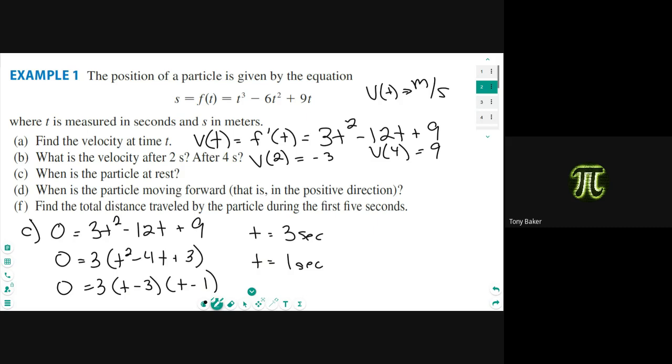All right, so let's go back to question B. What's the velocity at 2 seconds? All right, what does that mean? If we're driving a car and we had a negative velocity, what would that mean?